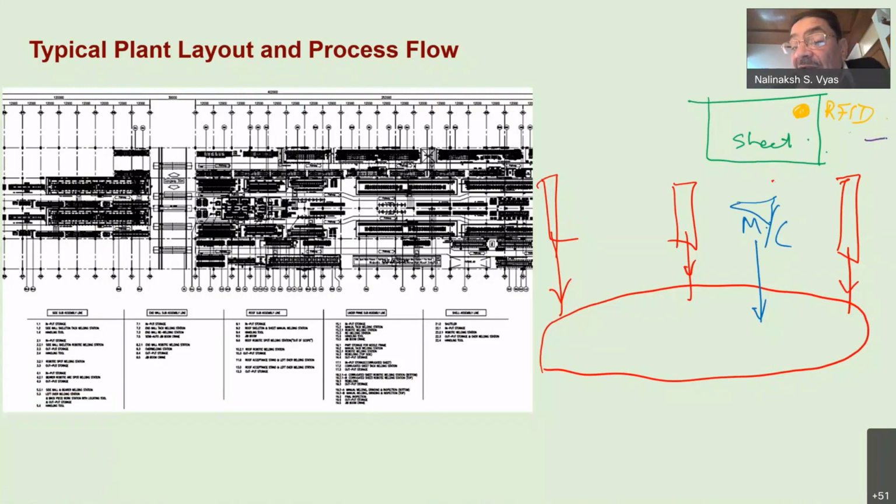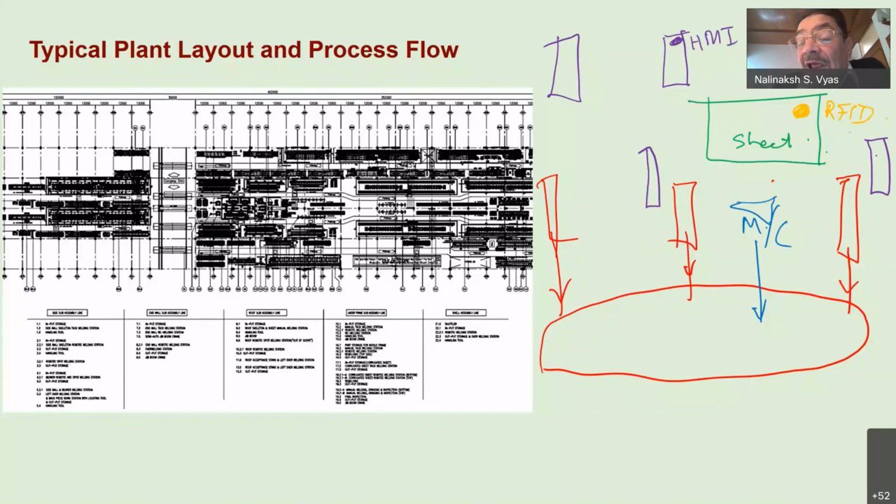You have an operator here, a person here, a person here, maybe a person who is roaming around. They will be carrying pads or their own industrial HMIs, human machine interfaces, which will carry their thumb impression or Aadhaar card number.